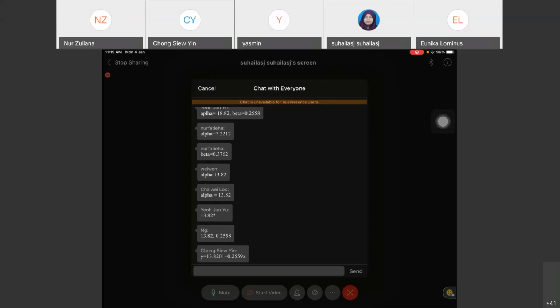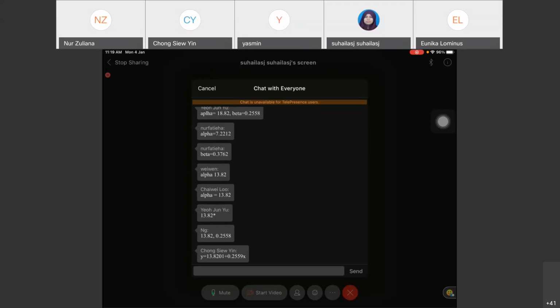Okay, this one, Fatihah finds alpha here is 7.2212, beta 0.3762, and y 13.82. I think the answer should be, okay, if you put it in 4 decimal points, I think Chong Siu Yin, your answer is correct compared to the others.